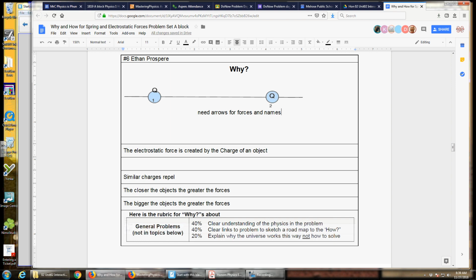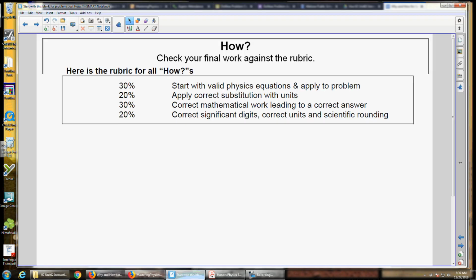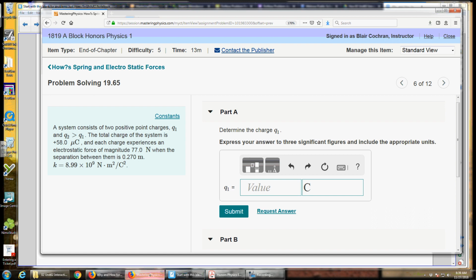It needs those parts. All right, but everything else there, I remember, is really good. So, all right.